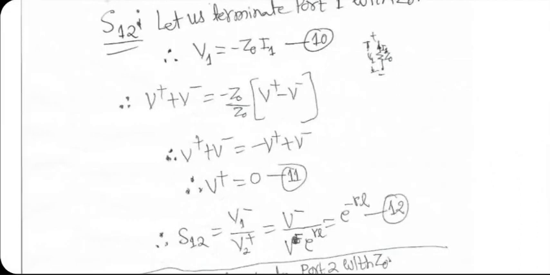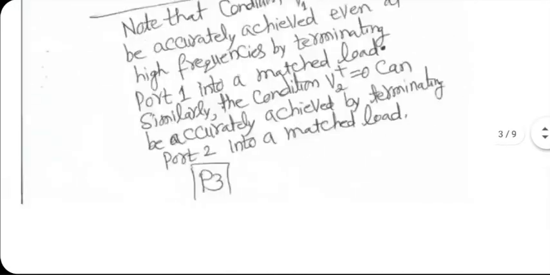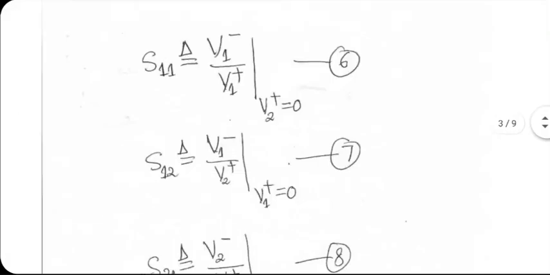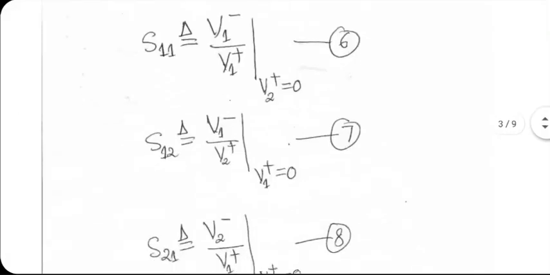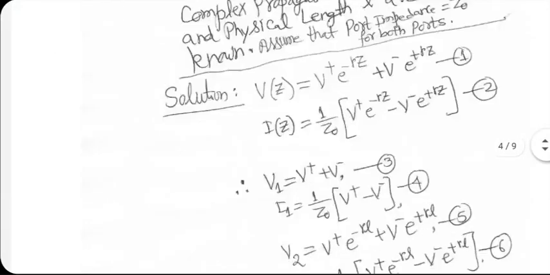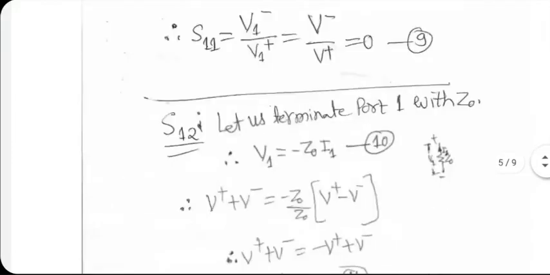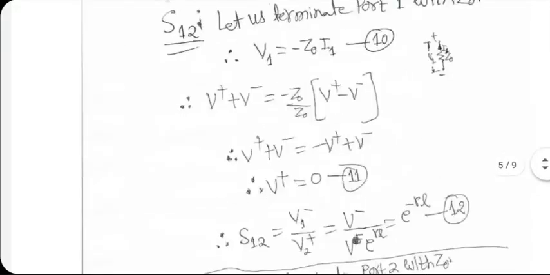And S12, which is V1 minus upon V2 plus, that is the way it is defined, as long as you are doing the correct termination. V1 minus, that is the reflected component of the input voltage, divided by the incident component of the port 2 voltage.